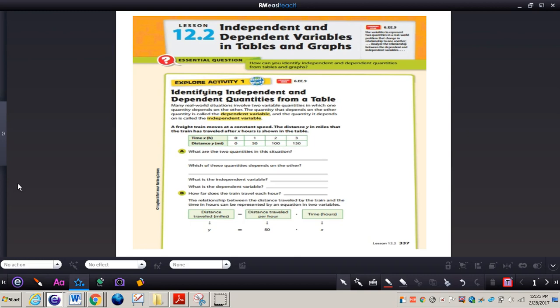Now let's take a look at the Explore activity number 1 on page 337. Identifying independent and dependent quantities from a table. And let's take a look at what that says underneath the bold print. It says many real-world situations involve two variable quantities in which one quantity depends on the other. The quantity that depends on the other quantity is called the dependent variable.